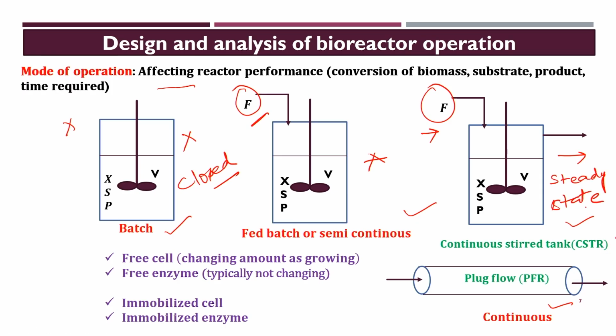Now, these different modes of operation affect the reactor performance, particularly the conversion of biomass, substrate and product, as well as the time required. So, we will be seeing the kinetics in terms of biomass, substrate, product as well as the time. And the last one is the plug flow reactor. It says there is no lateral mixing in this case. It is also a continuous mode, but there is no lateral mixing.